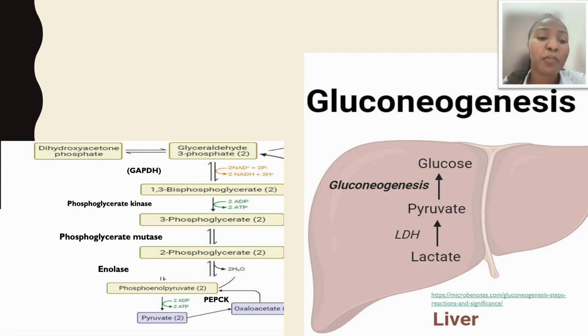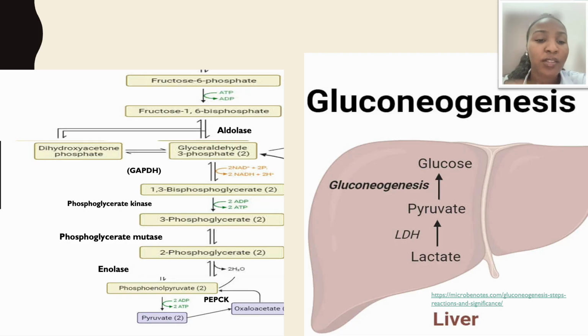Now again, GAPDH in glycolysis oxidizes glyceraldehyde 3-phosphate, but now in gluconeogenesis it is going to reduce 1,3-bisphosphoglycerate to give us those isomers, glyceraldehyde 3-phosphate and dihydroxyacetone phosphate. And then our special enzyme, again, aldolase, is going to combine those 2 triose phosphates and give us fructose 1,6-bisphosphate.